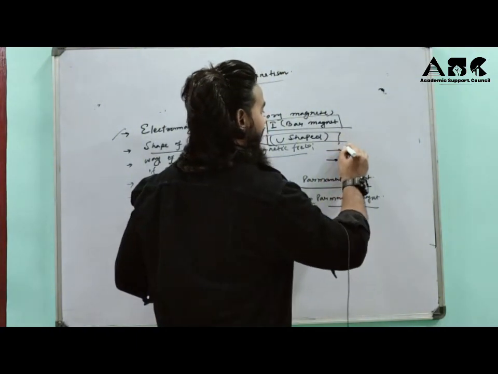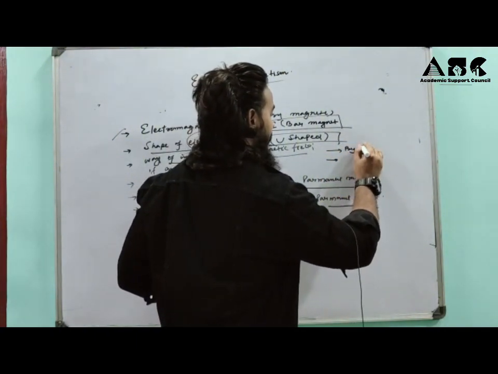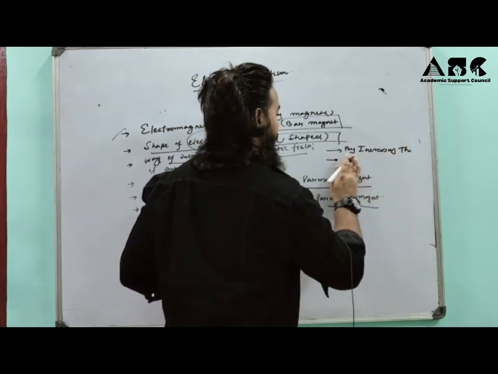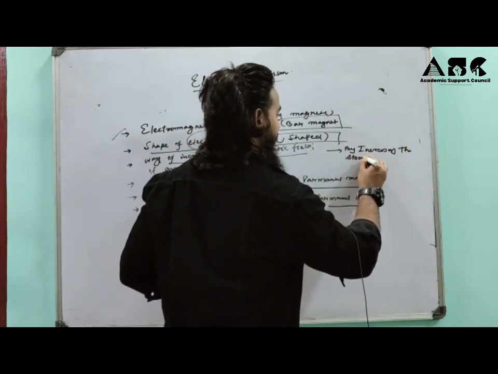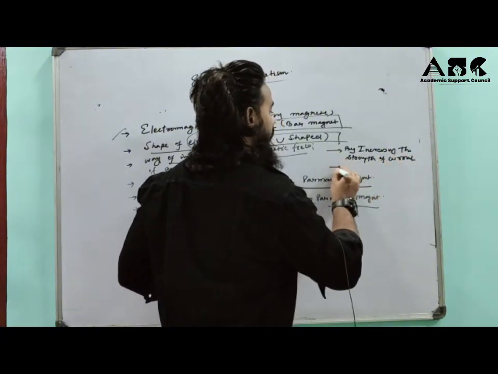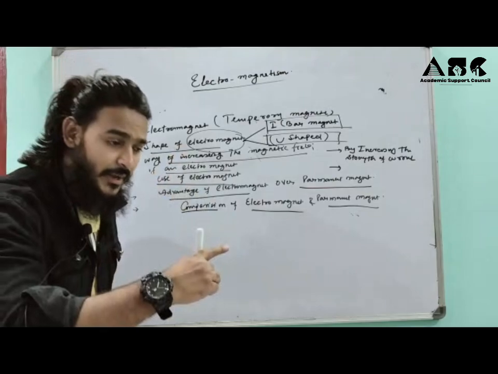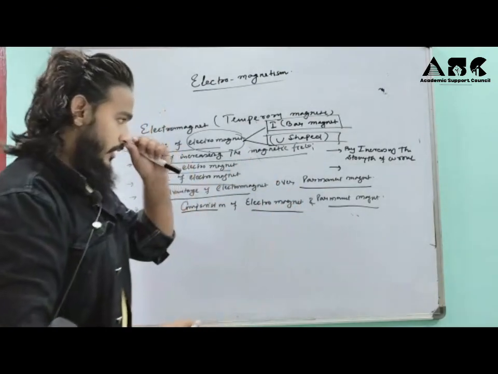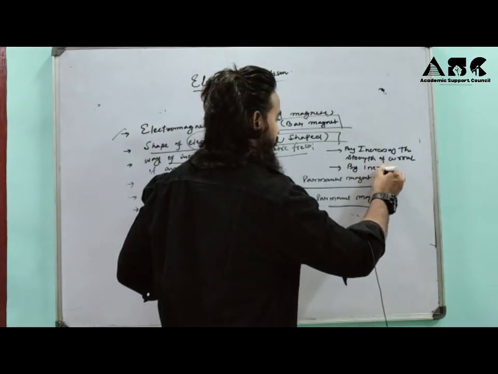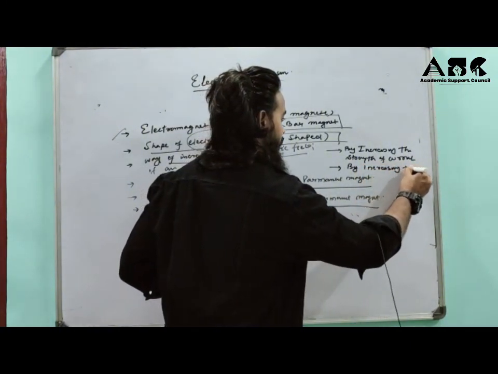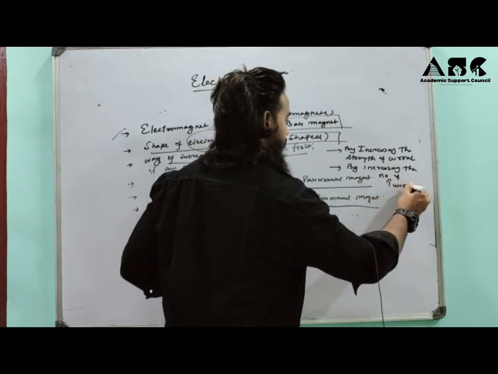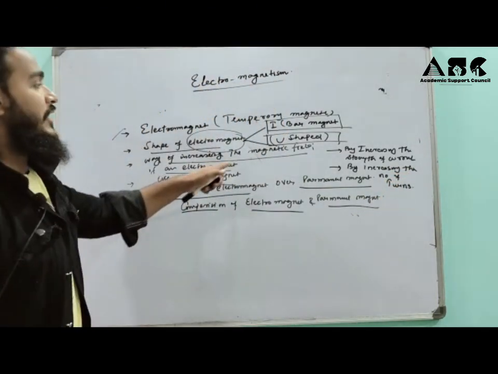You remember, by increasing the strength of the current, and the second point, by increasing the number of turns in a solenoid. Okay, these are the two ways to increase the magnetic field.